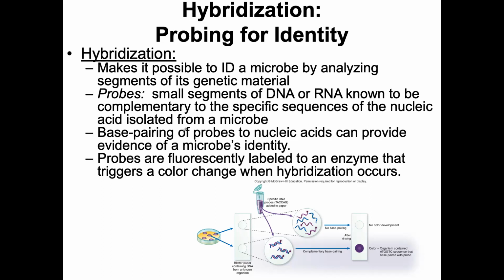And then we generate large amounts of either dye tagged or radioactive probe that will hybridize to the target, meaning that it'll hydrogen bond with it because the base sequences are pretty complementary. Okay. And that indicates that that information is present and that that probably tells us what the microbe is.